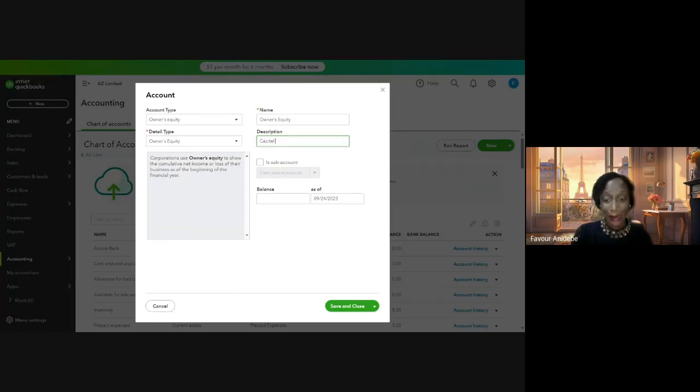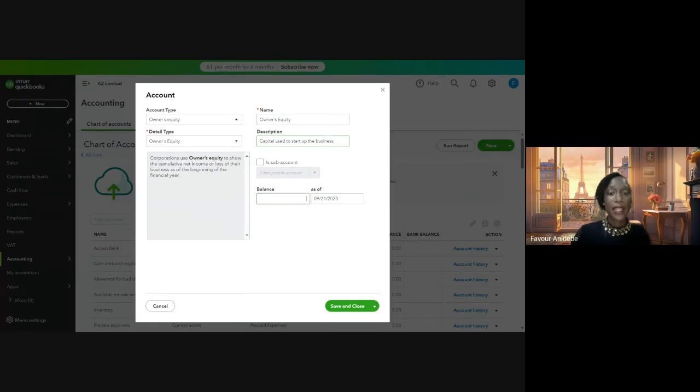Capital used to start up the business. Yes. They're asking, is this a sub account? You say no or yes, but most likely because it's an owner's equity account, it's not going to be. There's nothing to check.